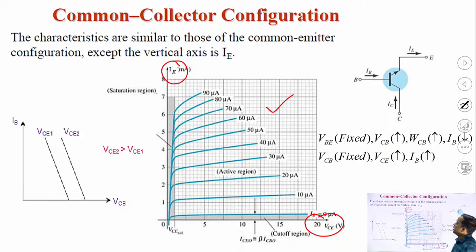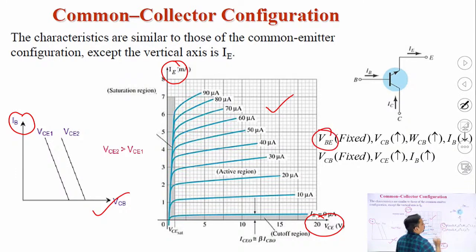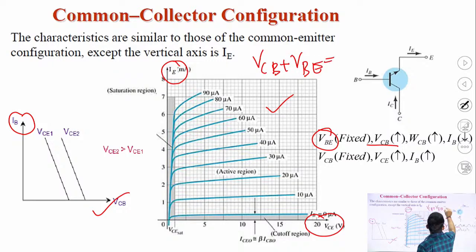Now the input characteristics, which is between IB and VCB, are quite different. What happens is, as VBE is fixed and VCB increases, we can write down the equation VCB plus VBE equals VCE.